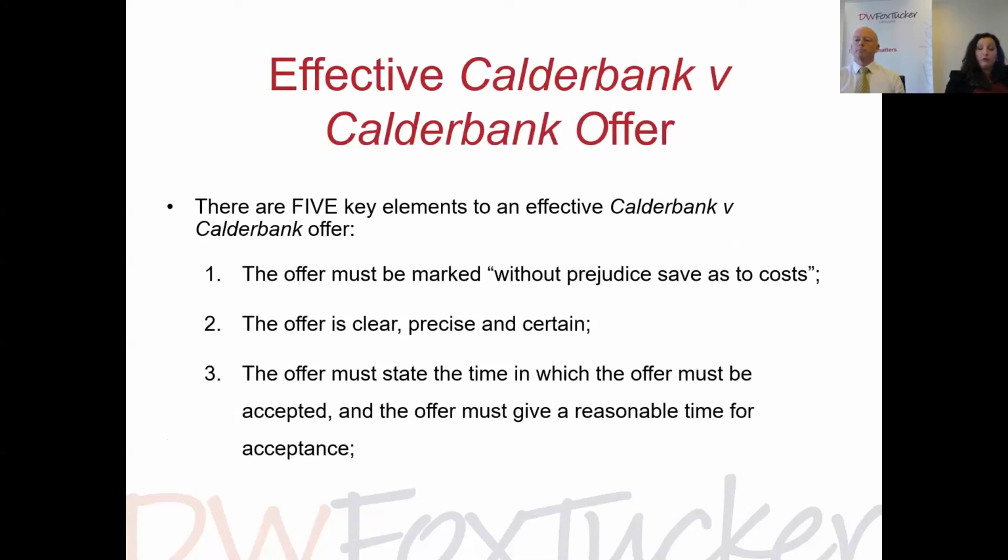To do so, there are 5 key elements to keep in mind when preparing that offer. The first is the offer must be marked without prejudice, save as to costs. Secondly, the offer must be clear, precise and certain. To this end, the offer must clearly state, for instance, if it's inclusive of costs or if costs are to be paid or received and the amount of the proposed costs.